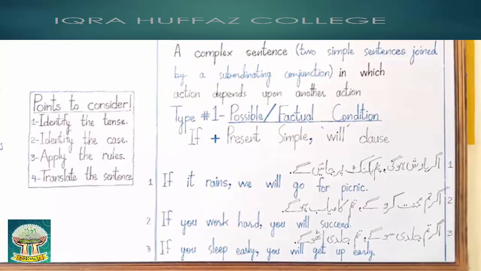Then you will read the agar sentence. आप अगर sentence को पढ़ेंगे, अगर के जुमले में फ्यूचर की बात हो रही होगी. अगर बारिश होगी, अगर तुम मेहनत करोगे, अगर तुम जल्दी सोओगे, अगर तुम मुझे बताओगे, अगर तुम आ जाओगे, अगर तुम खाना खाओगे, अगर तुम क्रिकेट खेलोगे, अगर तुम पढ़ाई करोगे. So you can see all these sentences of agar belong to future. So this is a clear identification of type 1. I hope you understand. Now we will go through the examples of type 2.